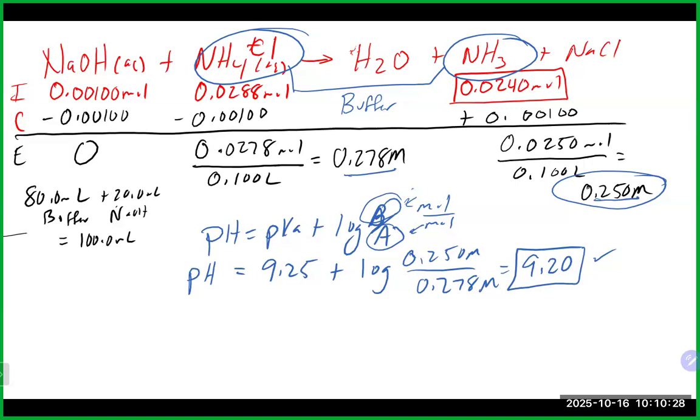All right, why don't we do one more here just to practice? Let's do the same buffer here. So we're going to do our same 0.3 molar ammonia, 0.36 molar NH4Cl.